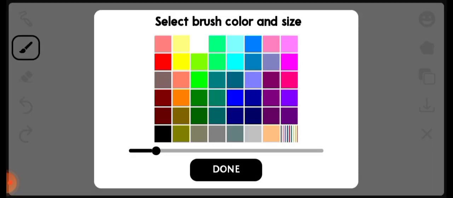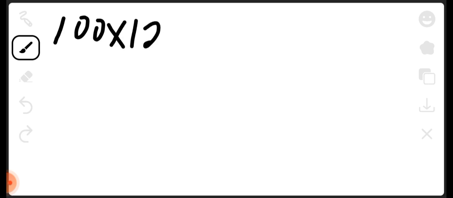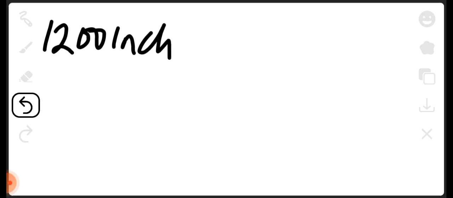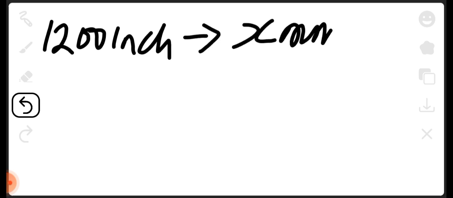So remember, the answer we're having is 100 times 12, that is 1200. This one is in inches now. How many millimeters will it give us?